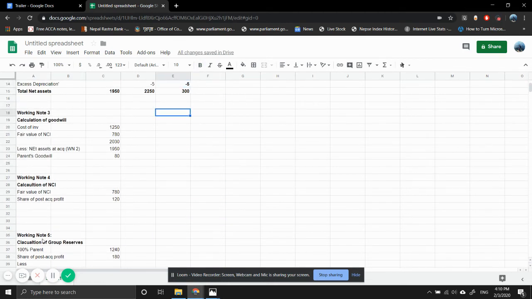One more thing that we need to calculate is what has been the impairment. Okay, working note 7, bold it, calculation of impairment. So what's our goodwill?